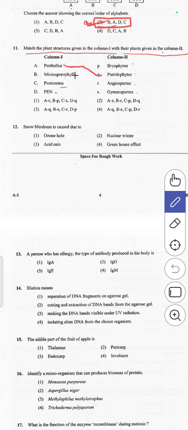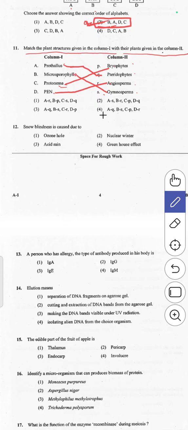Pteridophytes. Microsporophyll, it will be seen in case of the gymnosperms. Protonema, it is a characteristic feature of bryophyte. PEN, primary endosperm nucleus, that is angiosperm. So for this one, A-Q, B-S, C-P, D-R.